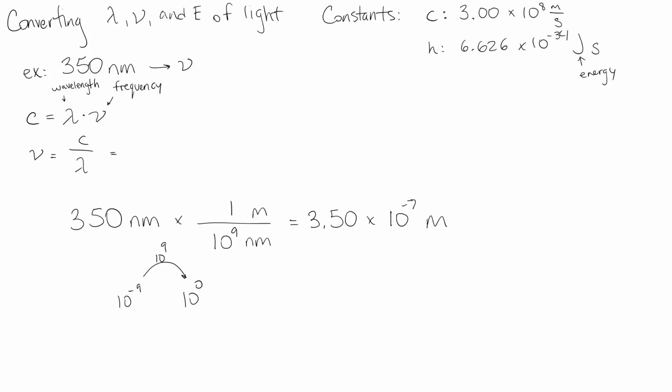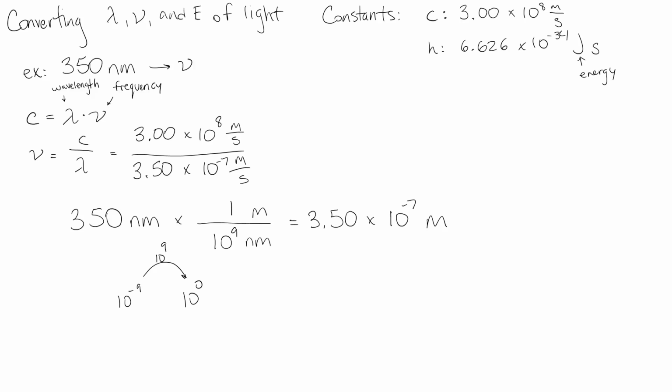Now we can plug that into our formula. So we have 3.00 times 10 to the 8th meters per second divided by 3.50 times 10 to the negative 7th meters.